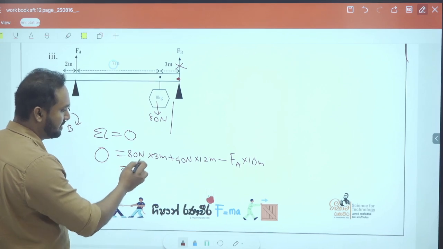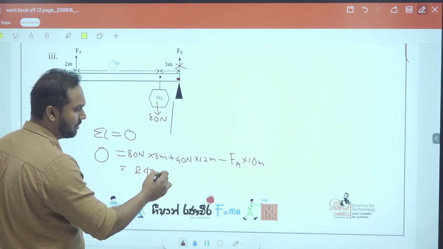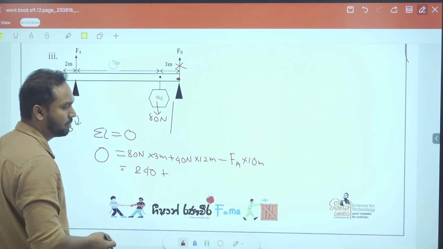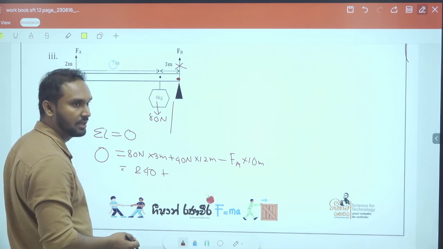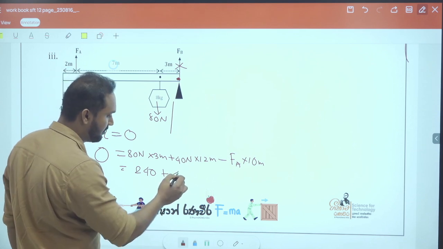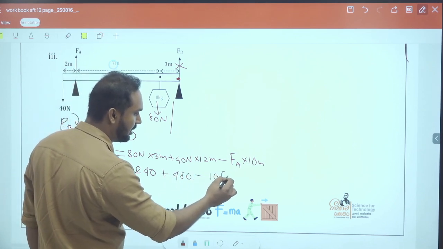So tell me the values here. 80 into 3 is 240, plus 40 into 12 is 480. 480 minus 10 FA, right?